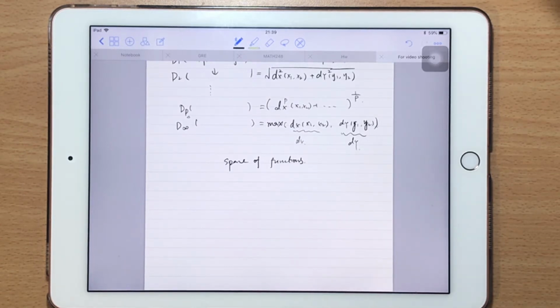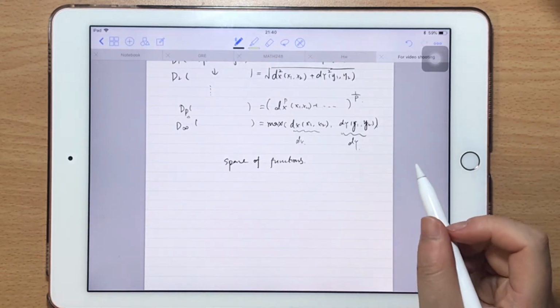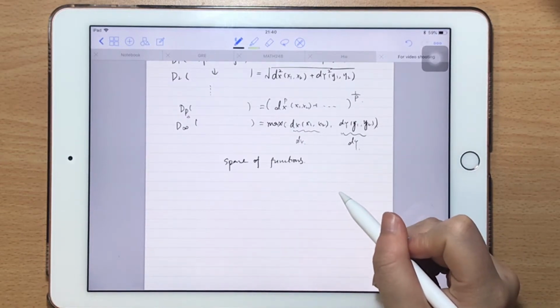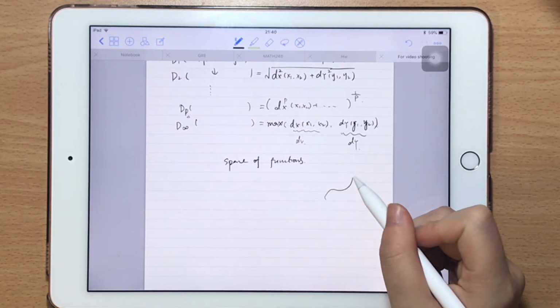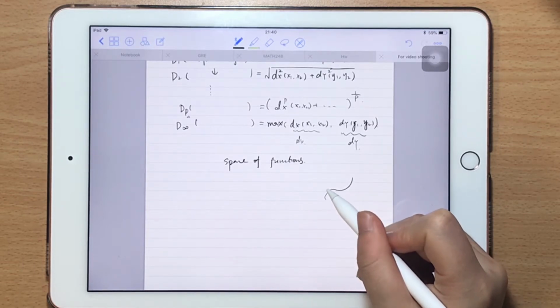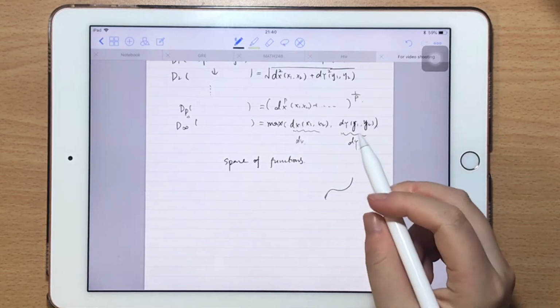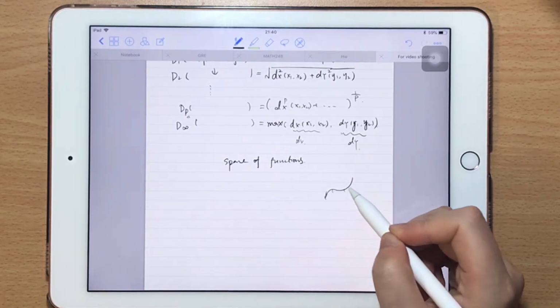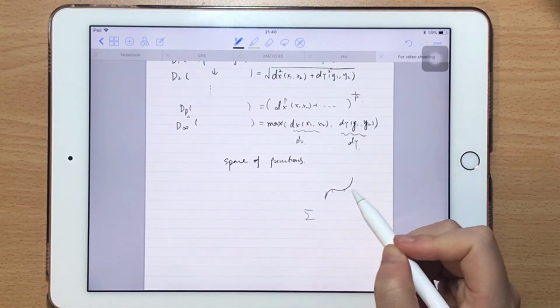Well, for space of functions, let's first think about space of points, which is what we introduced in the last video. In space of functions, we're given a continuous function. You can actually consider it to be a set of several continuous points, right? And for discrete points, we use a sum.